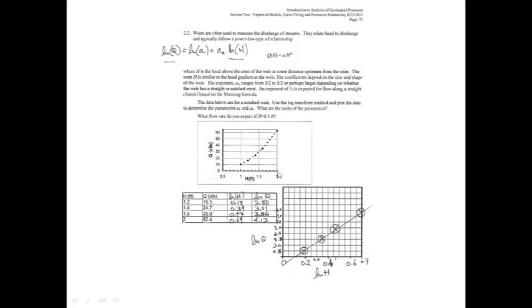Then the y-axis is going from 2.8 to 4.3. I looked at the ticks that I had, and I thought, well, I can go from 2.7 to 4.2, where each tick counts as 0.2. So I did that, and I labeled it, and then I plotted the points. Notice that I use the symbol X surrounded with a circle, which locates the points and also makes them easy to see.